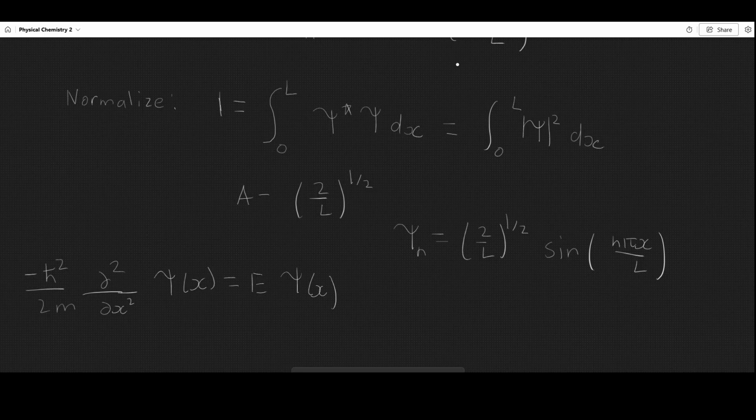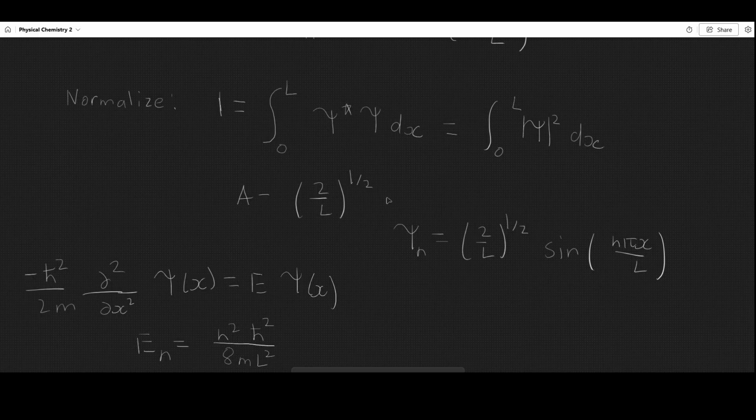What we end up getting is that E sub n is equivalent to n squared h bar squared, all of that over 8m L squared. So you can go through the math and this will check out. And that's how we get what E is.